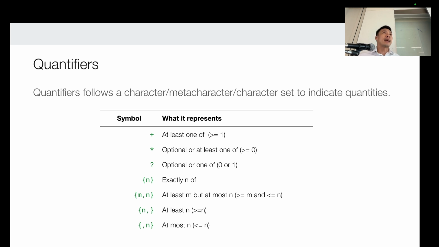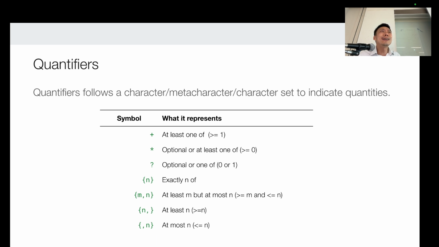If you want multiple things, we specify the set of characters now. Now we want to tell how many of them would match. Plus means greater or equal to 1, star greater or equal to 0, question mark 0 or 1, so it means optional. We use these two a lot actually. The exact count thing, we use that sometimes, but it's so ugly.